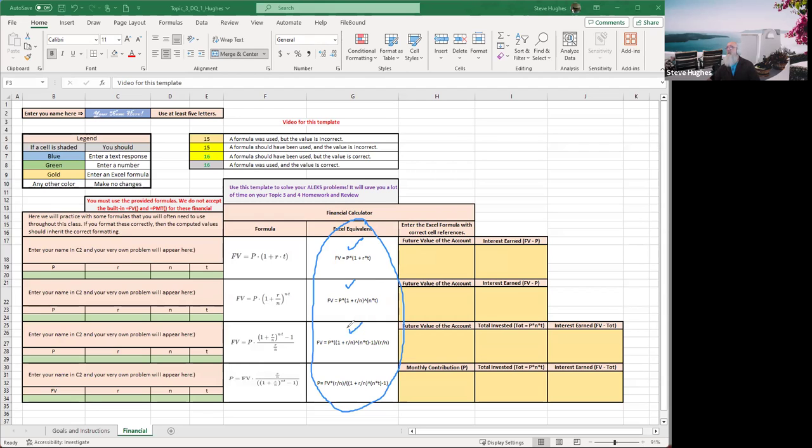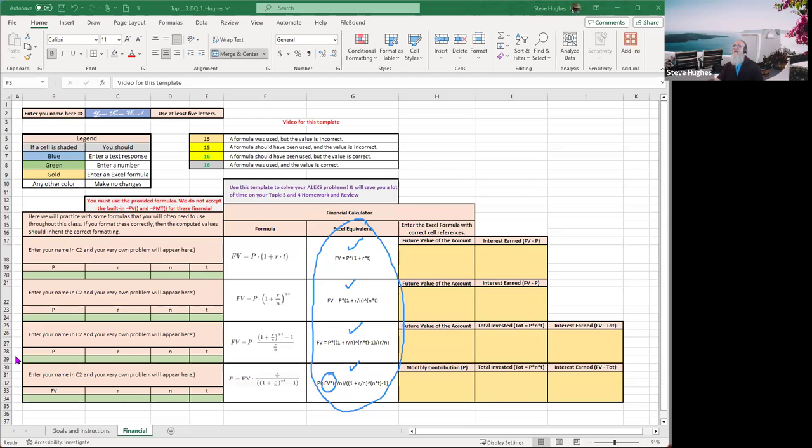In other words, I know what my payment is, and I am going to figure out what my future value is. And the last one is an annuity, but check this out. This time we know the future value, but we don't know the payment. So these are the four objectives for this Excel sheet and this discussion question.